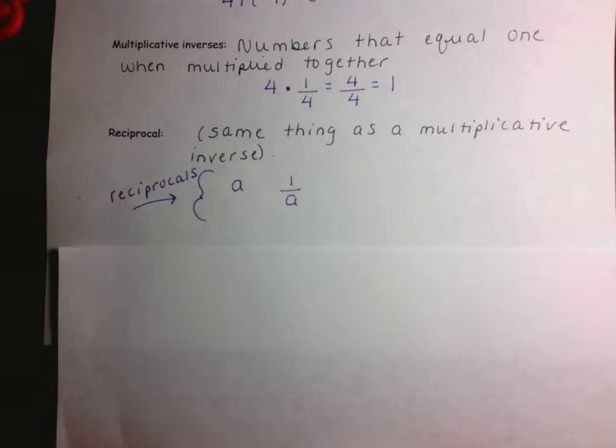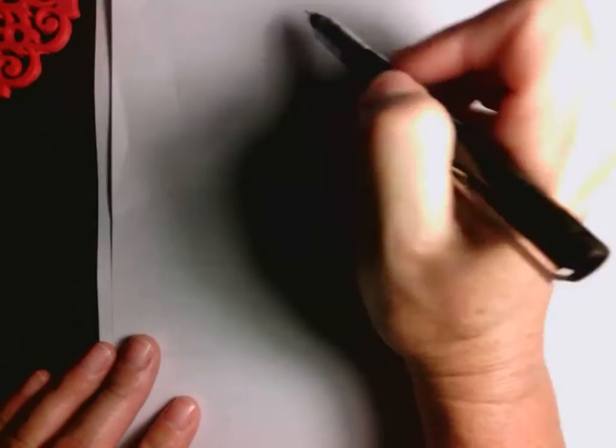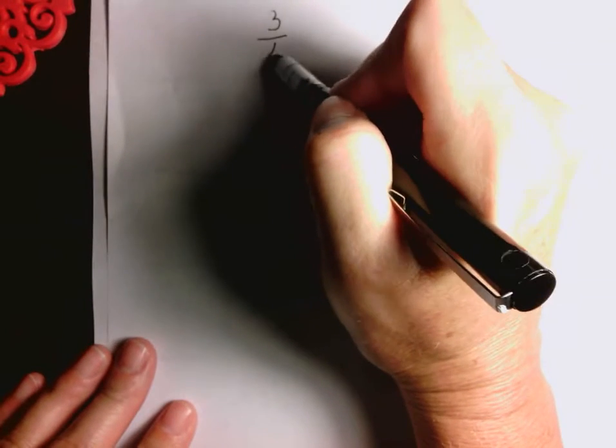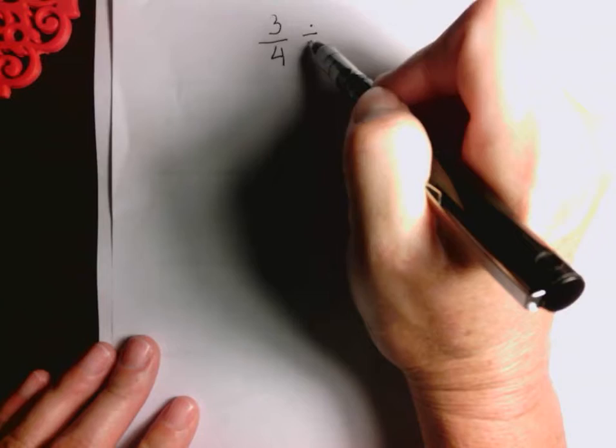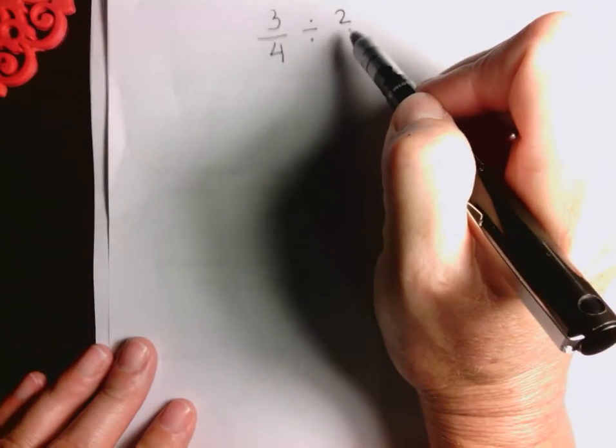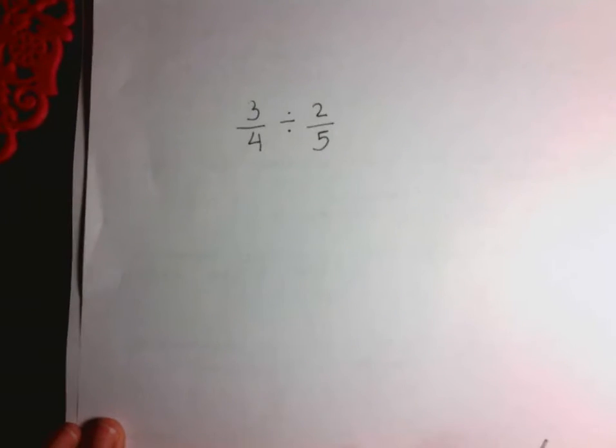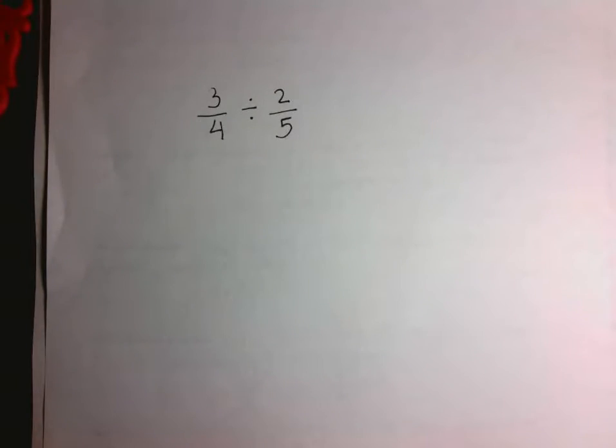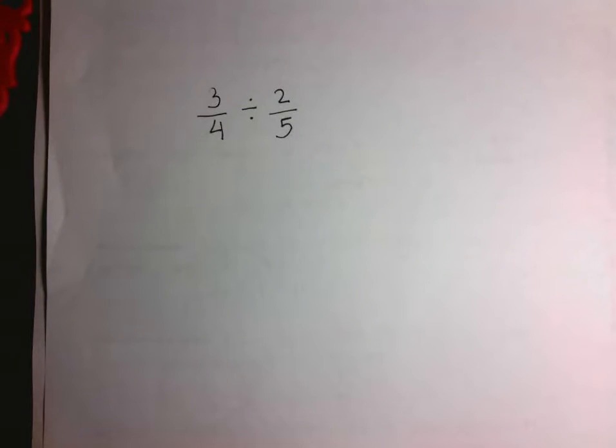Okay, so let's talk about dividing fractions. And let's take, for example, 3/4 divided by, let's say, 2/5. Well, you probably remember when you divide fractions, you keep, change, flip. You keep the 3/4.